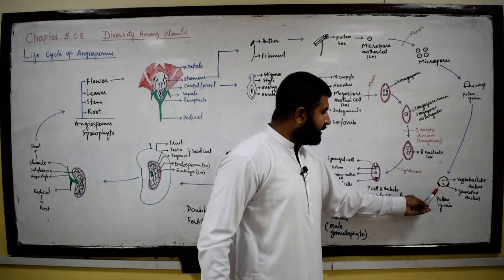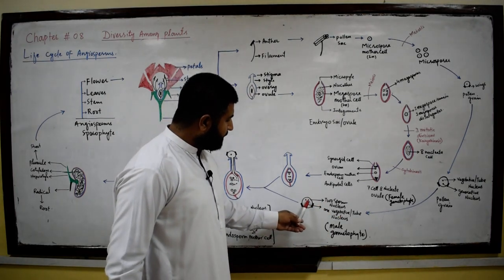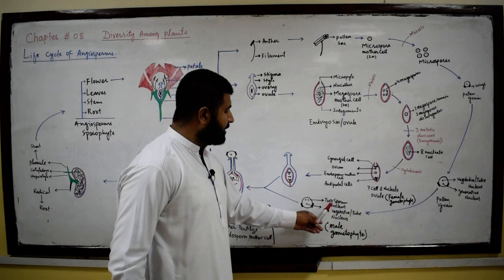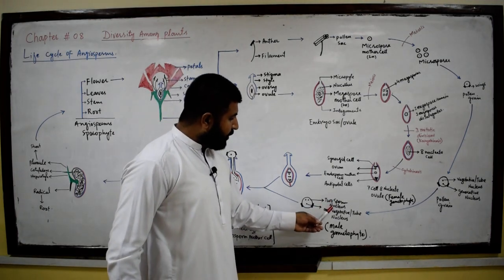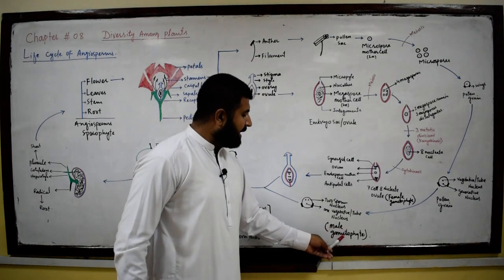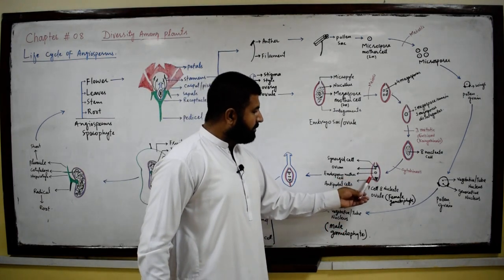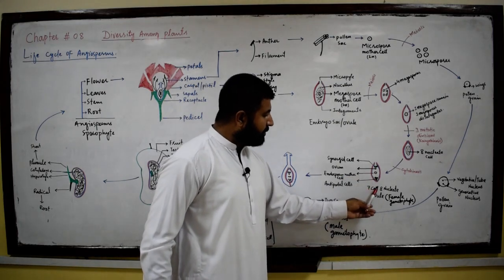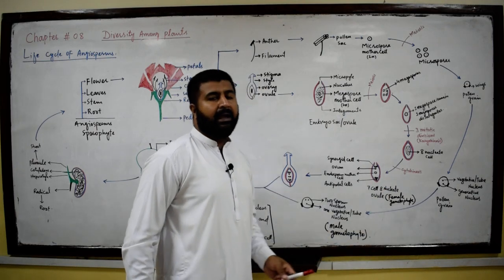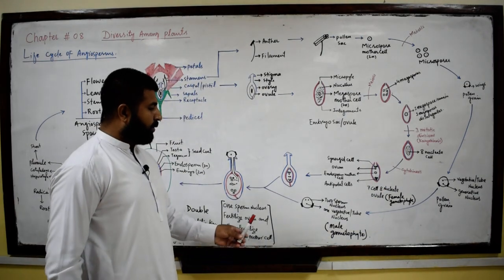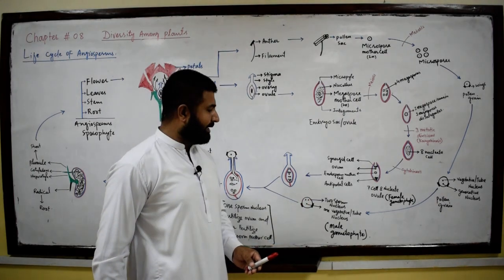The generative nucleus undergoes a second mitotic division and produces 2 sperm nuclei. At this stage, this pollen grain is known as the male gametophyte, and the embryo sac or ovule is known as the female gametophyte. The female gametophyte is 7 cell and 8 nucleate, while the male gametophyte is 1 cell and 3 nucleate.